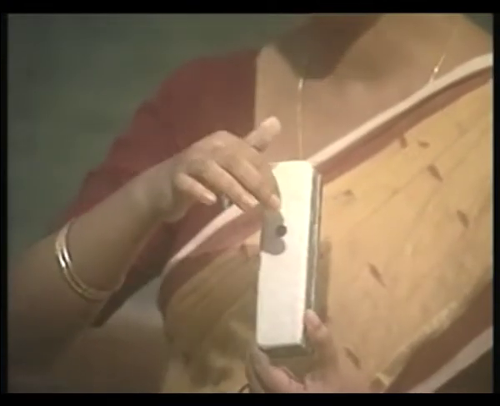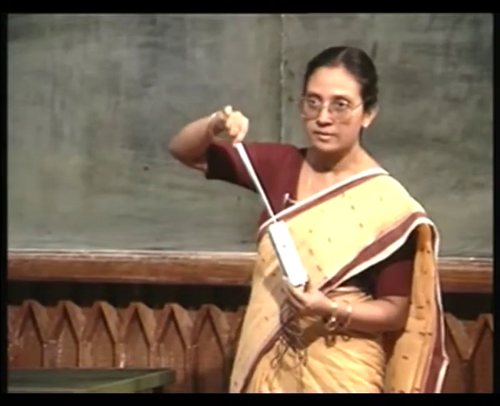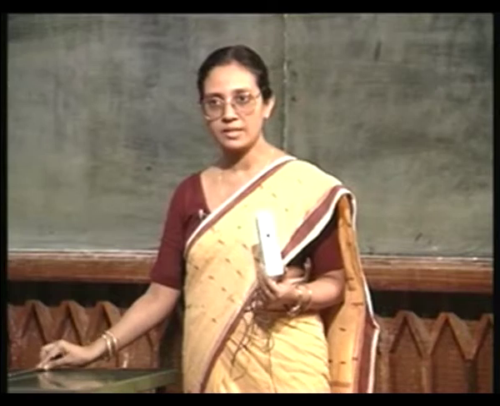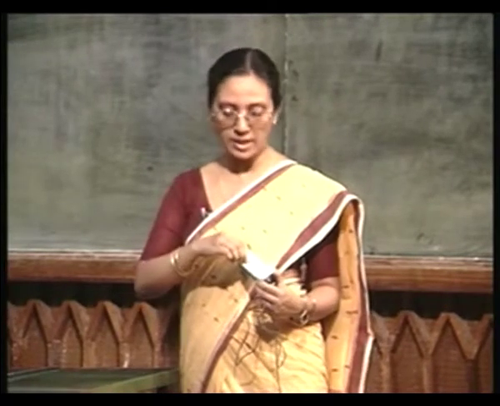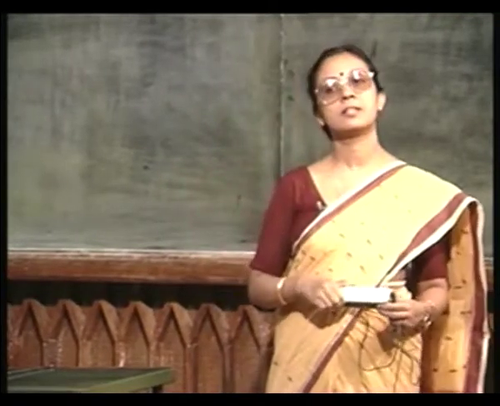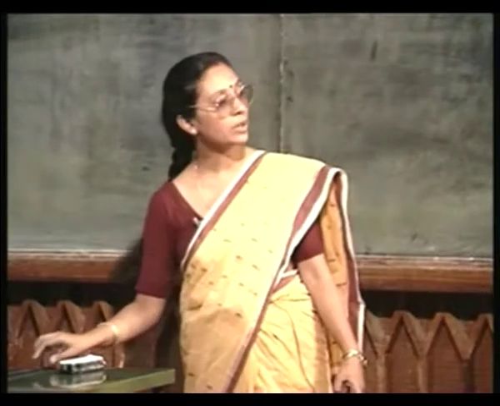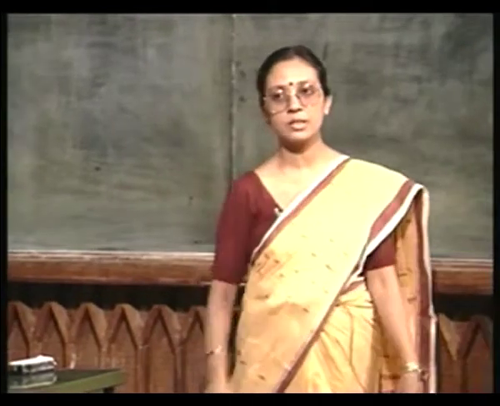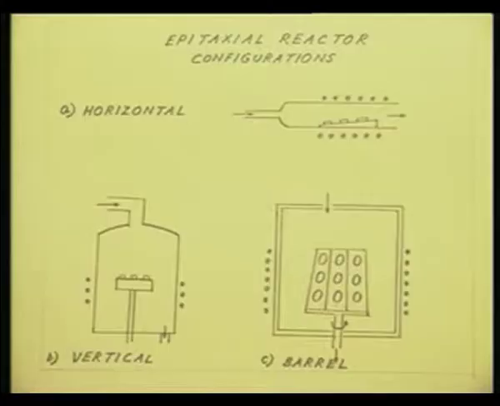Actually, small grooves are carved out in this surface of the barrel and samples are placed like this, so that the flow of the gas is like this. It is parallel to the surface of the sample. That is why I am saying that a barrel shaped reactor is actually a horizontal type of reactor, even though looking at the figure it is very easy to think that it looks somewhat like the vertical reactor, but it is not so. The flow of the gas is parallel to the semiconductor surface.